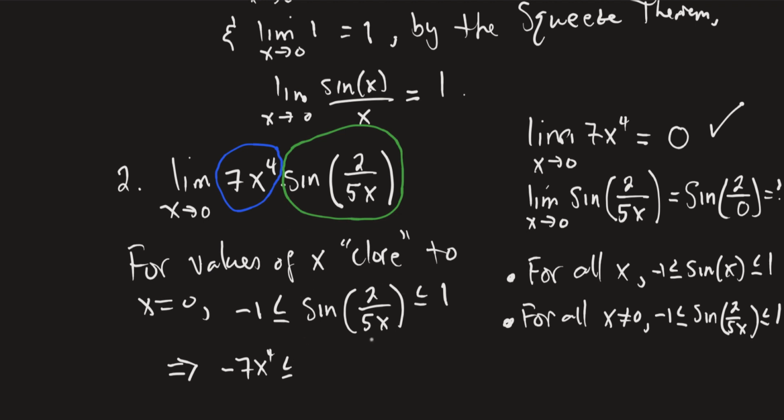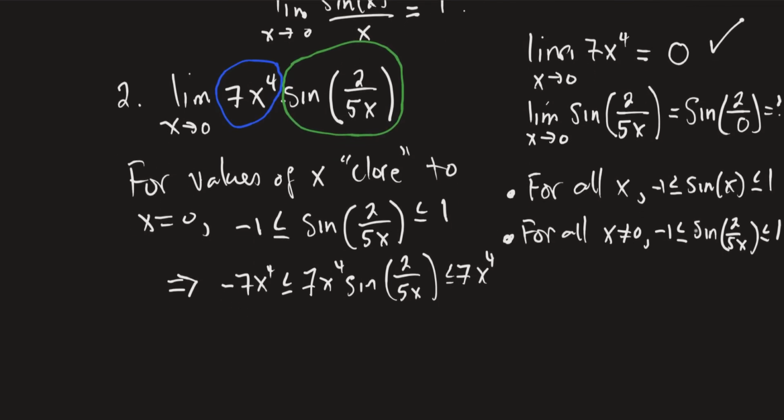Multiplying the middle part by 7x to the 4th will give me the function whose limit I'm trying to find, 7x to the 4th times the sine of 2/5x, and multiplying this by 7x to the 4th gives me 7x to the 4th. Using this fact from trigonometry, we were able to come up with this inequality, and this is the type of inequality that we need to apply the squeeze theorem.